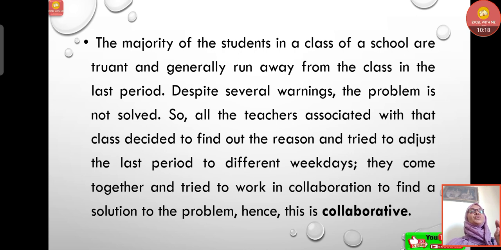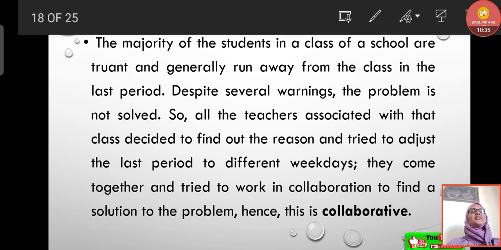The majority of the students in a class of a school are truant and generally run away from the class in the last period. Despite several warnings, the problem is not solved. So all the teachers associated with that class decided to find out the reason and tried to adjust the last period to different weekdays.